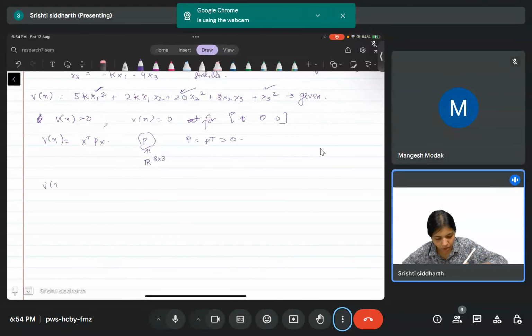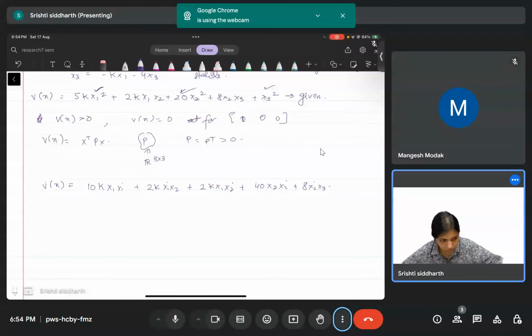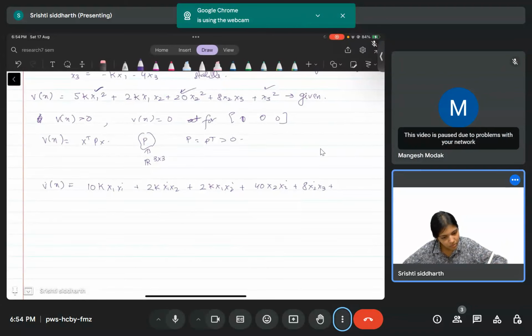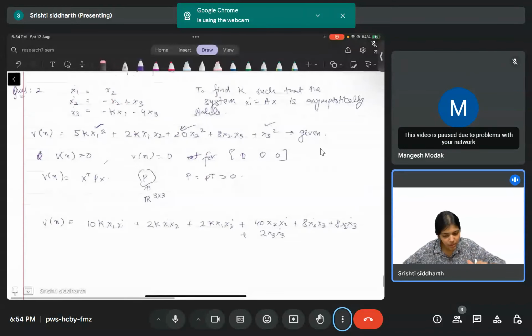Now we need to compute V dot of x. This is very straightforward. This is 2 x1 x1 dot plus 2 x2 x2 dot, with x1 dot, x2 dot and x3 dot.